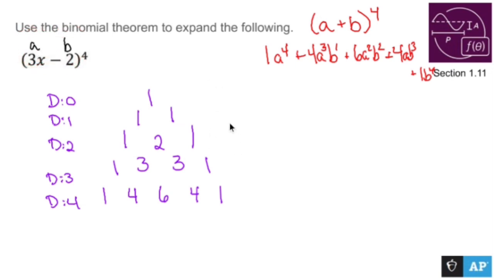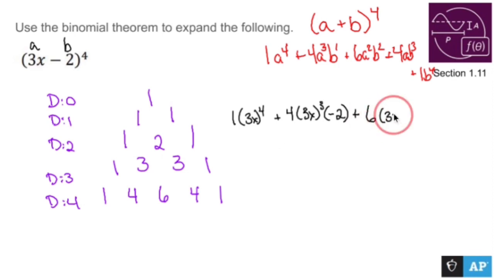So the way that I actually set it up is I say 1 times 3x to the fourth, plus 4 times 3x cubed times b, which is negative 2 to the invisible first, plus 6 times a squared, which is 3x squared, times negative 2 squared, because it's b squared, plus 4 times a, which is 3x to the invisible first, times b, which is negative 2 to the third.